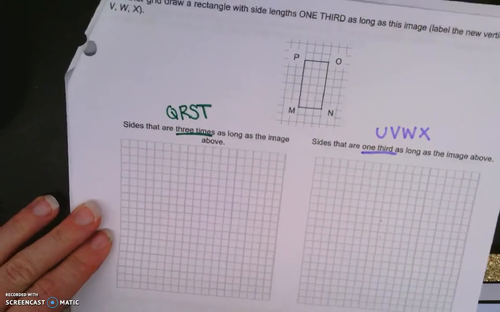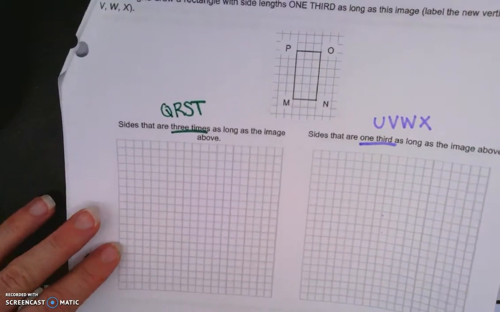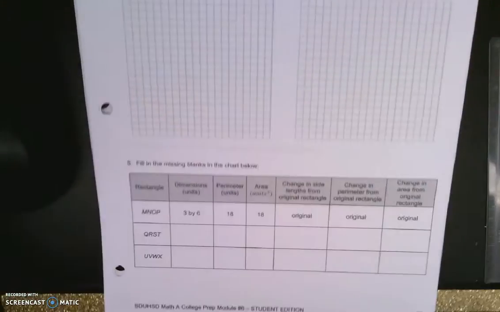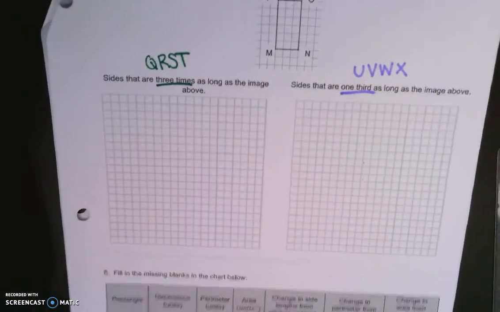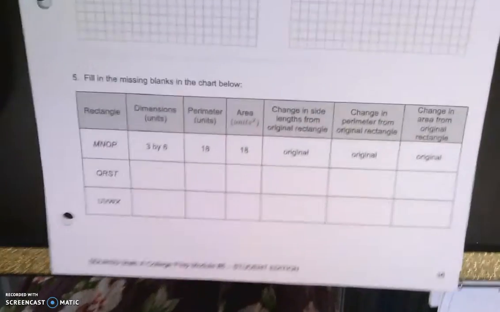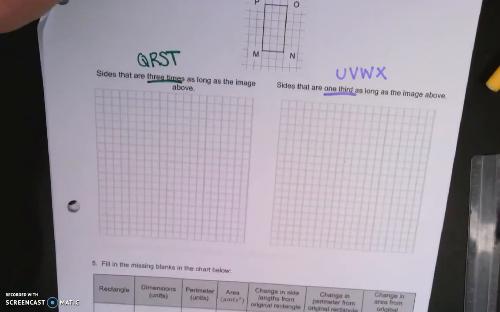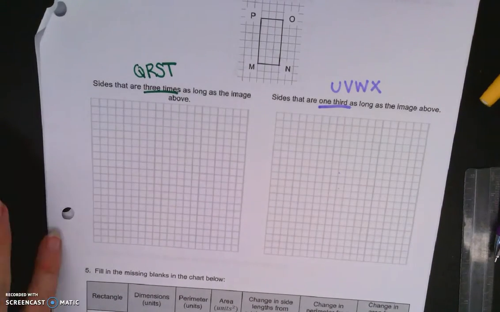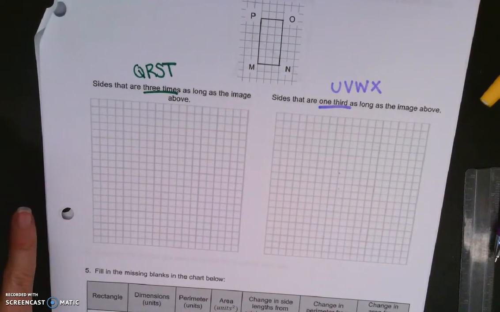Awesome. So why don't you take a little time with your groups, and I'd like you to finish this page. Please pause the video for 5 minutes while you create these 2 rectangles and fill in the chart below.